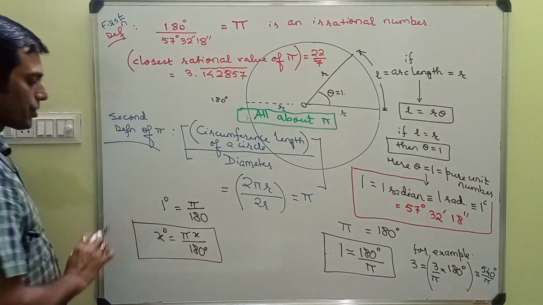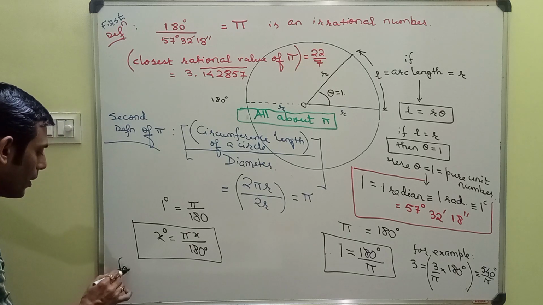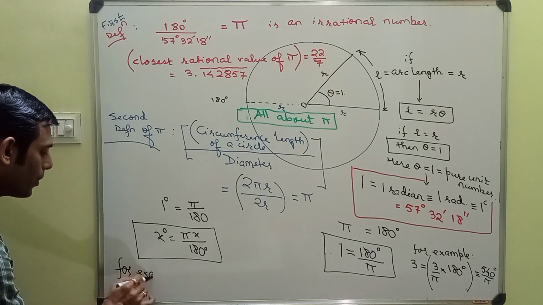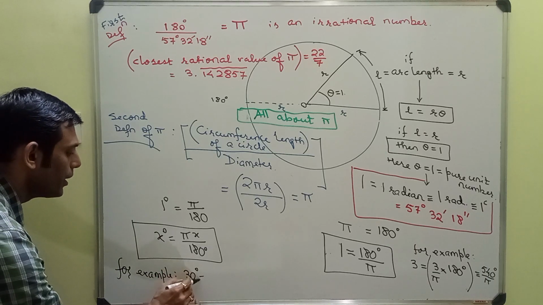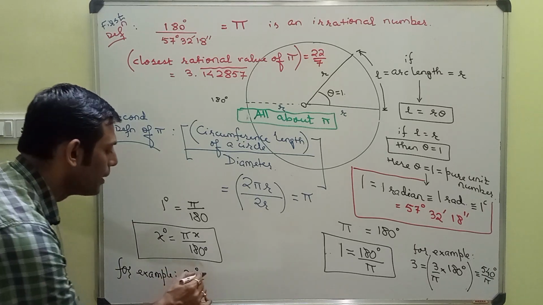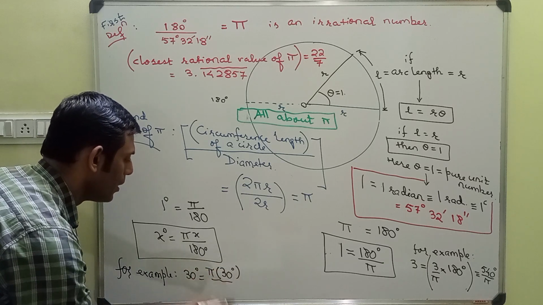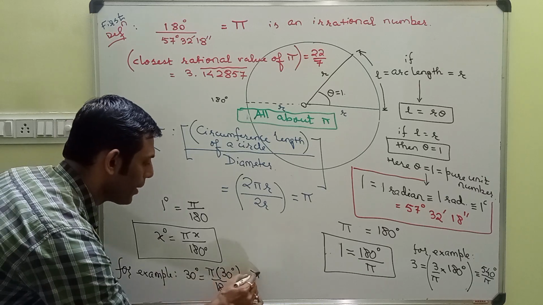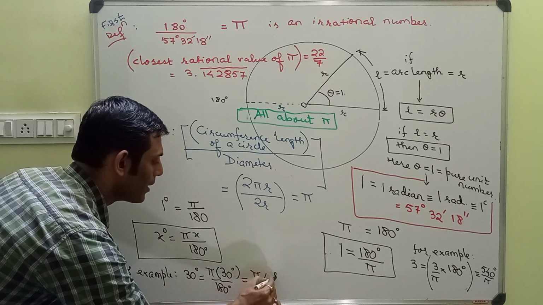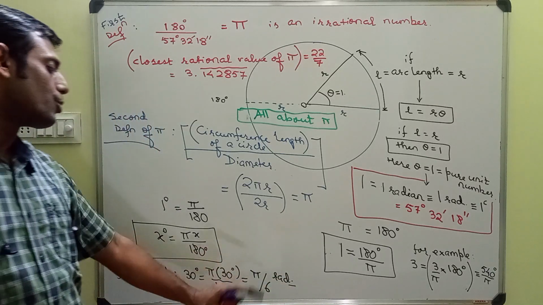And that means if you take 30 degrees, it is exactly equal to how much? Pi into 30 by 180, which is pi by 6 radians. This is exactly converting 30 degrees into radians.